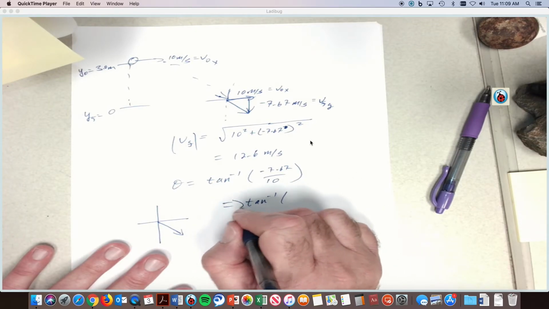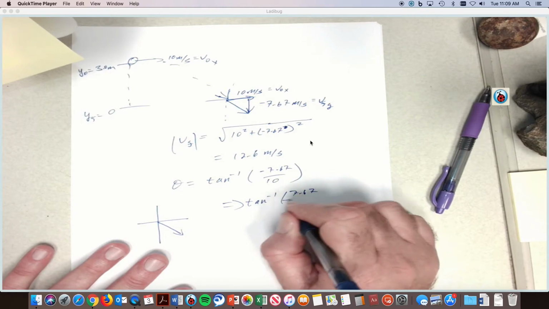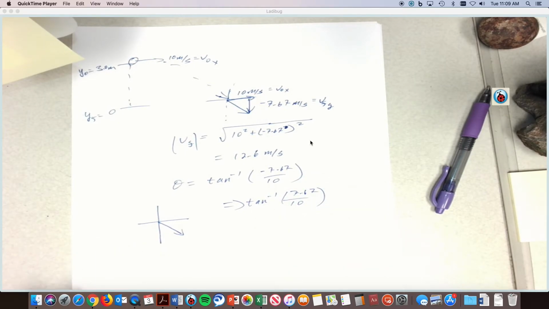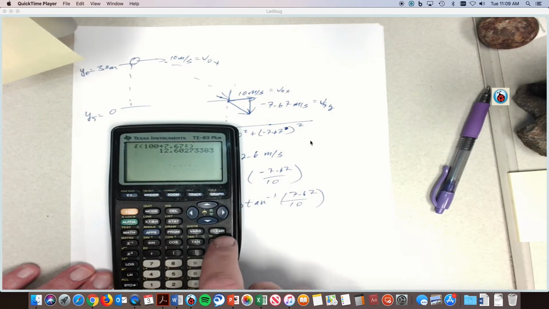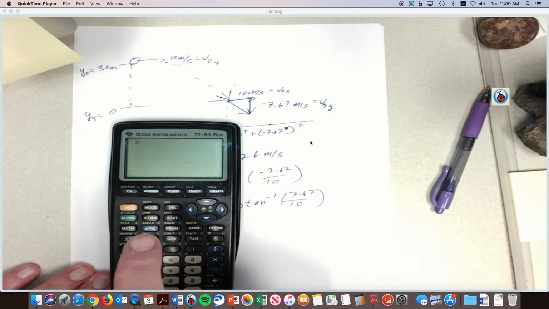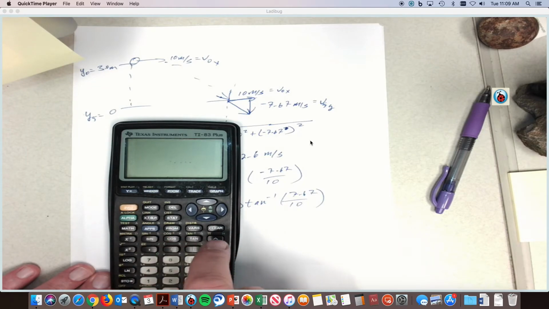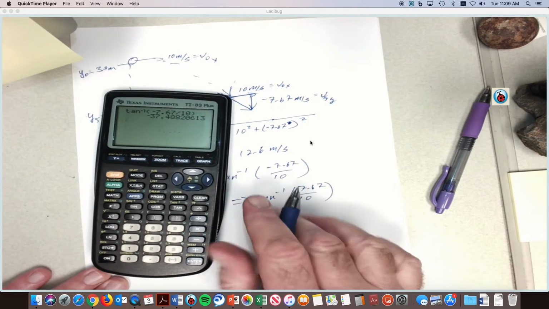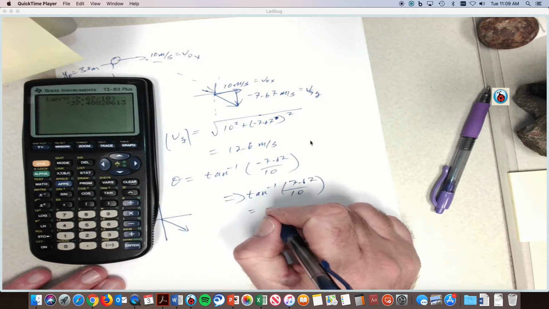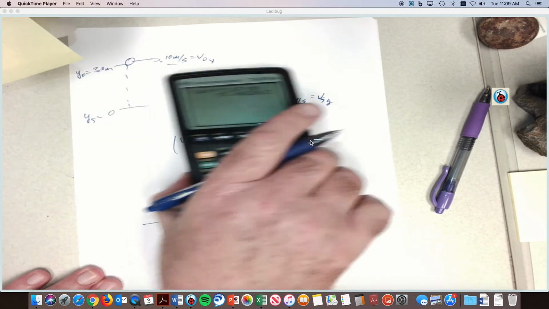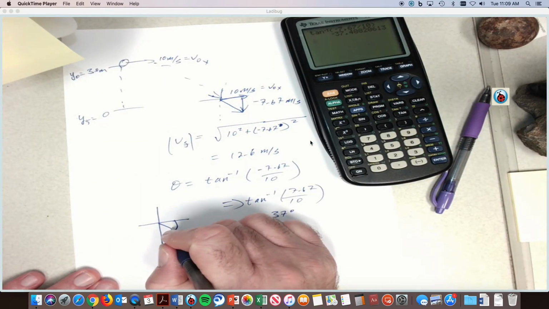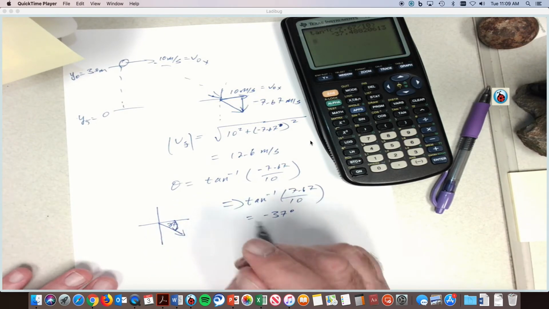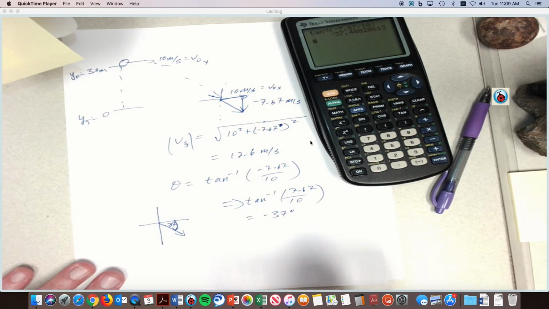I keep it positive, and then I tell you in words where it is. If I put in the negative, it'll also be a correct answer. So we get negative 7.67 divided by 10, which equals negative 37 degrees, which means we're going this way. So that makes sense. That's a correct answer.